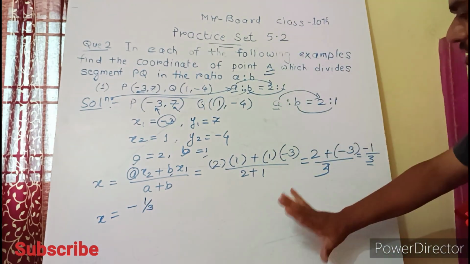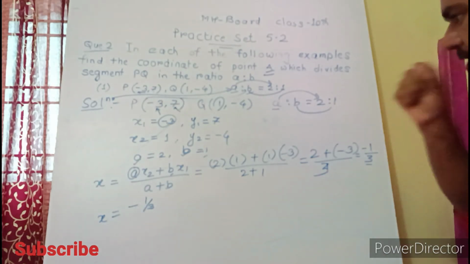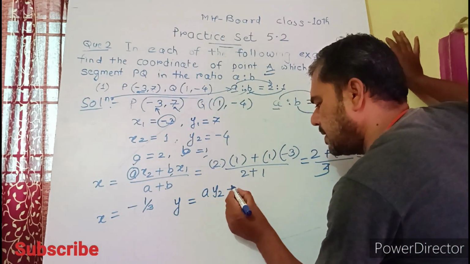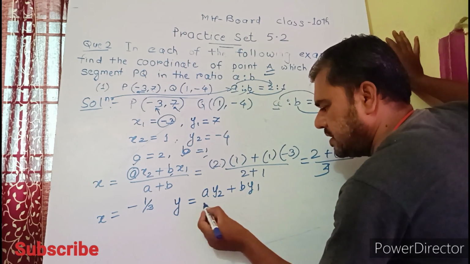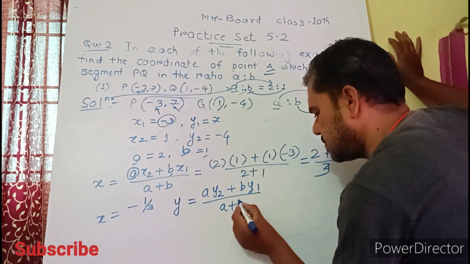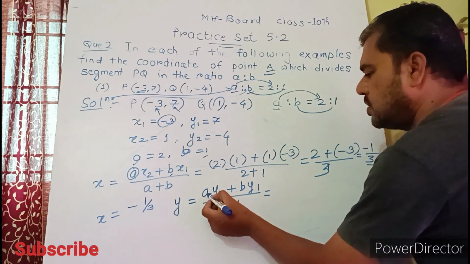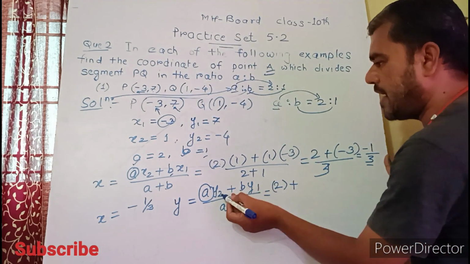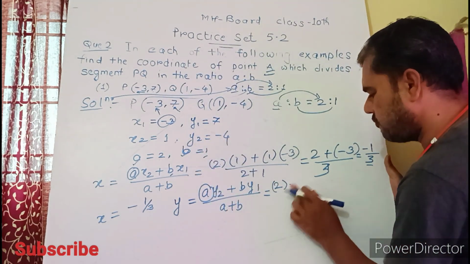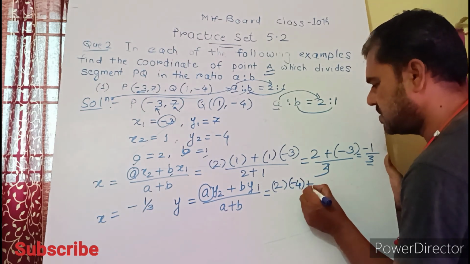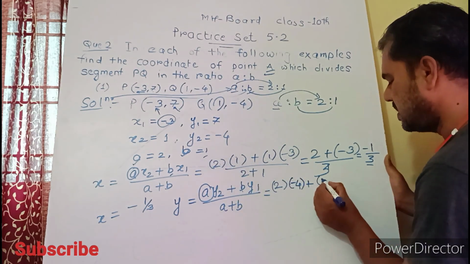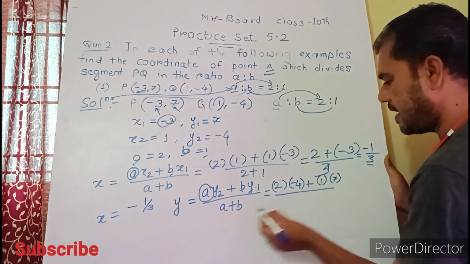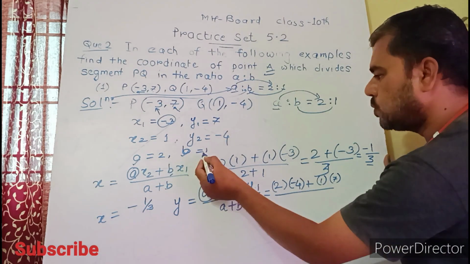Similarly, we can easily find the value of y by using the formula. y equals a y2 plus b y1 divided by a plus b. Now putting in the values, a is 2 into y2, that is minus 4, plus b, that is 1, into y1, that is 7, divided by a plus b, that is 2 plus 1.